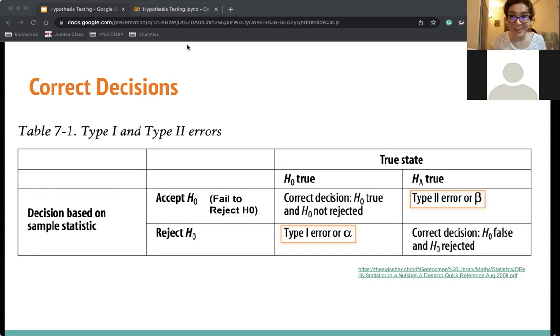But what if we make that judgment based off the sample? We only found like an inch difference, but actually in reality, there was some type of significance around fertilizer, and we failed to reject the null hypothesis. This would be a type 2 error, where the alternative hypothesis actually was true. There was some type of relationship.